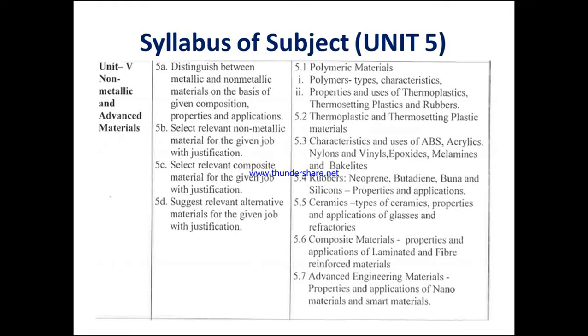Nanomaterials means the material has a size of 10 raised to power minus 9 meter, and a smart material means a material which changes its property according to temperature or pressure. That we have to study, and this is used, as you know, for airbags in automobiles, for which we can use smart material.